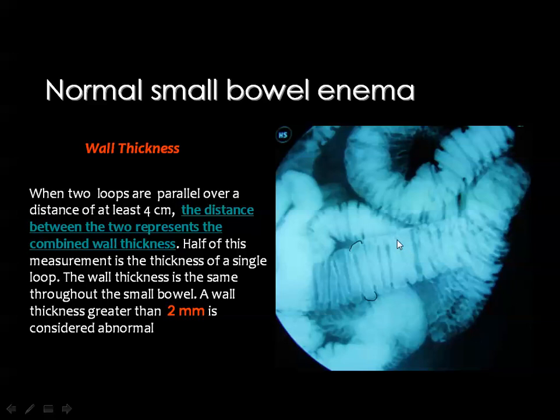These are the jejunal loops, and this radiolucent line represents the thickness of the wall of this loop as well as the wall of this loop. The distance between the two represents the combined wall thickness. Half of this measurement is the thickness of a single loop, and a wall thickness greater than 2 millimeter is considered abnormal.